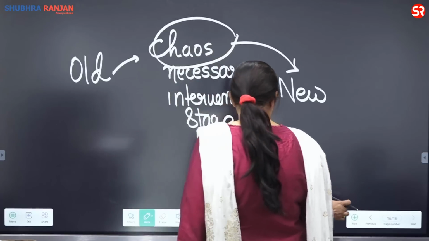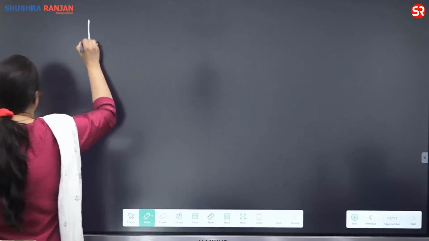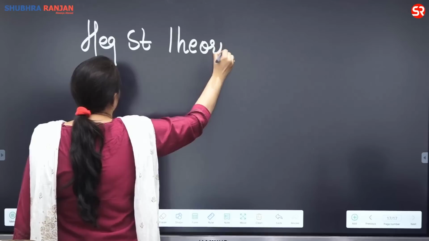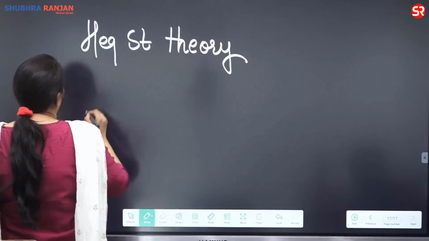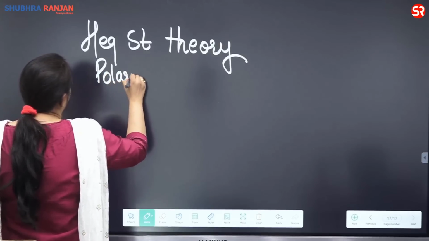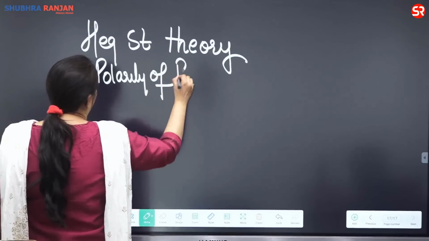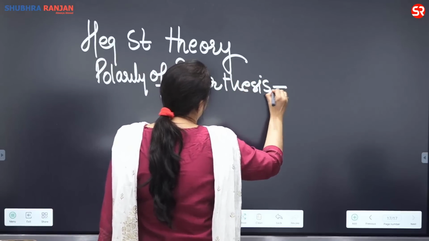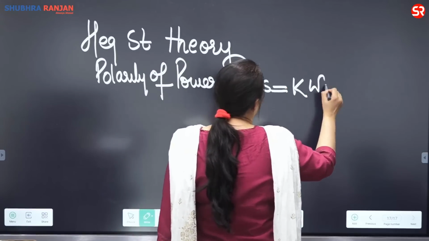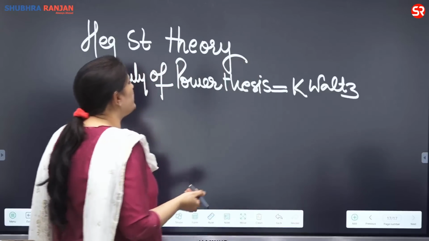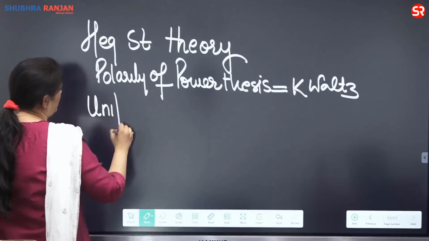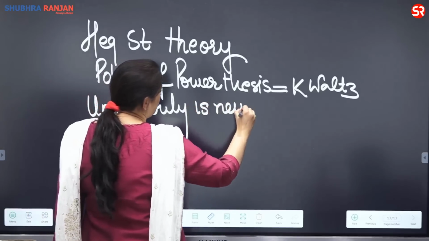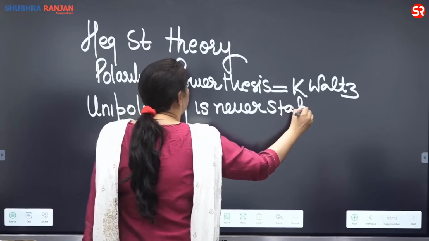So if we see the hegemonic stability theory, or if we see the polarity of power thesis, this polarity of power thesis given by Kenneth Waltz, Mearsheimer, unipolarity is never stable, because the law of nature is balancing.